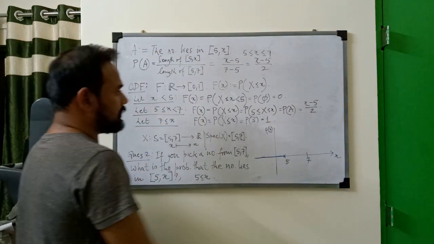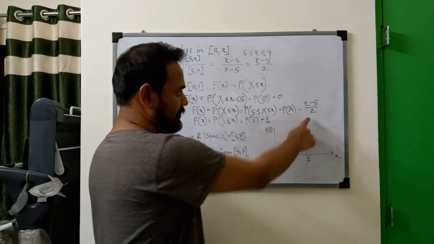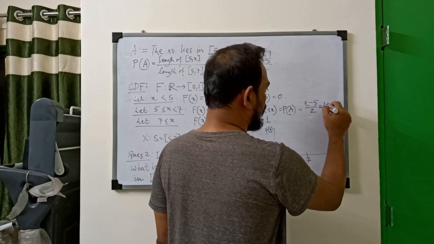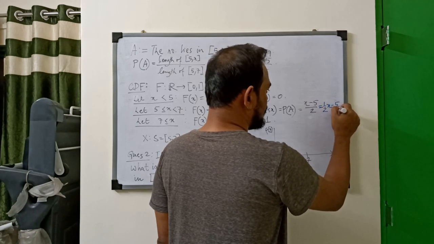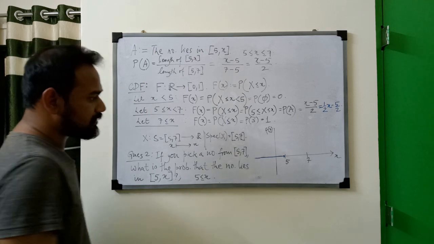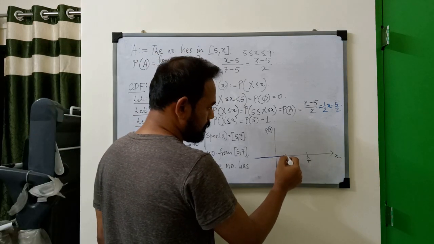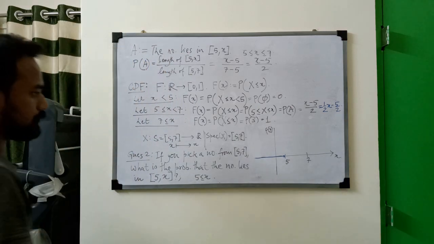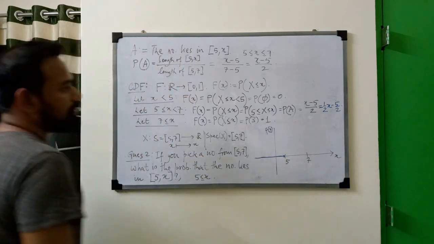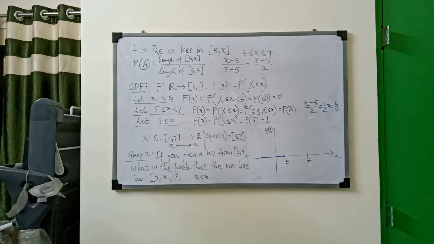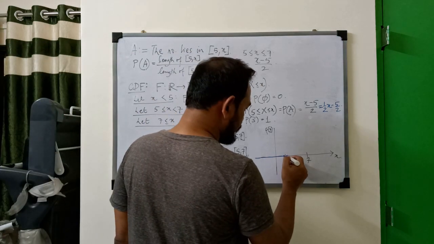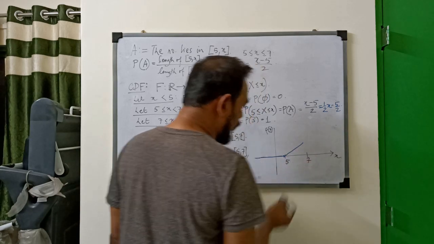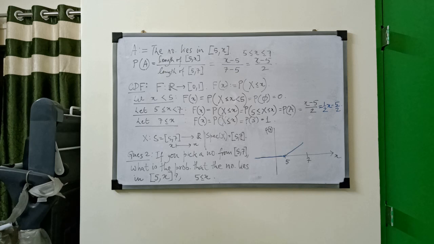From 5 to 7, it's a straight line with slope half and an intercept of minus 5 by 2. So that's a straight line passing through this point, going to be like this, with a slope half.